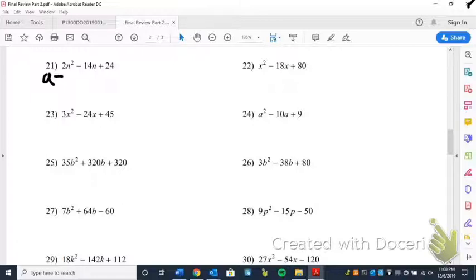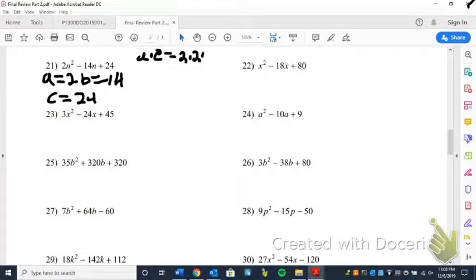So let's get going. A equals 2. B equals negative 14. And C equals 24. Second step, multiply A times C. That is 2 times 24.